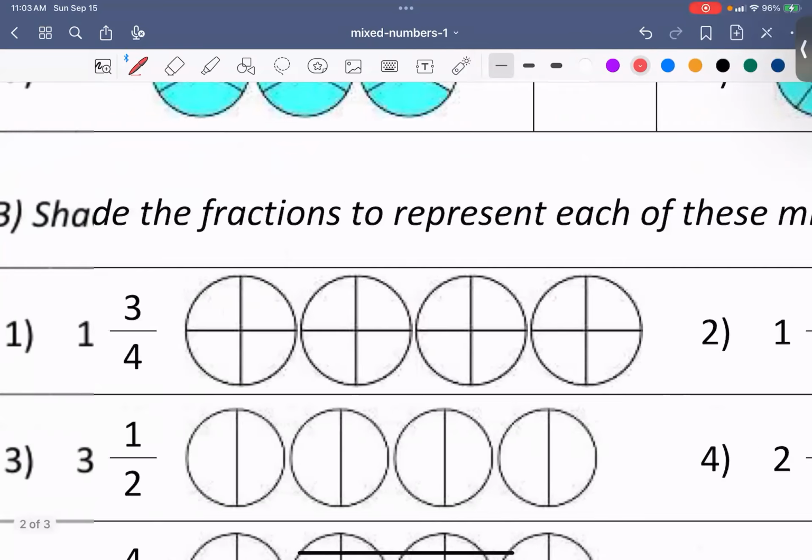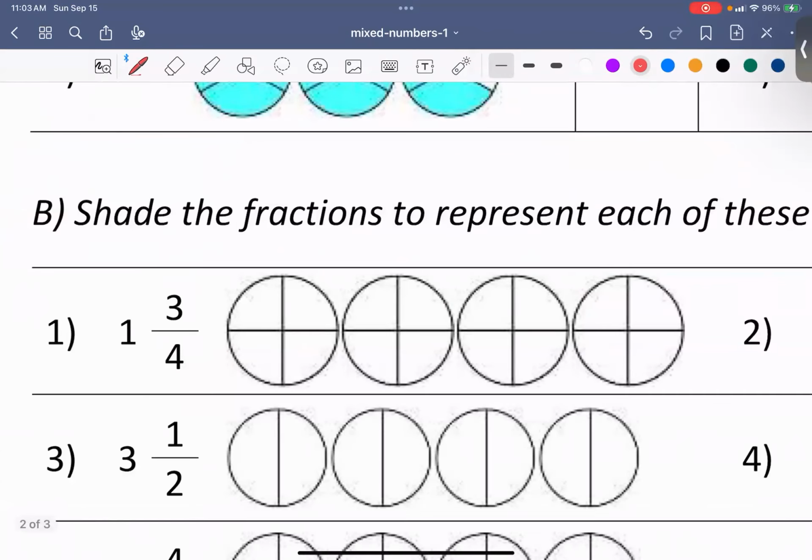Let's look down here. So we want to shade 1 and 3/4. Let's see what that would look like. So let's use the highlighter. So one whole is going to be shaded, and this whole circle is cut into 4 parts.